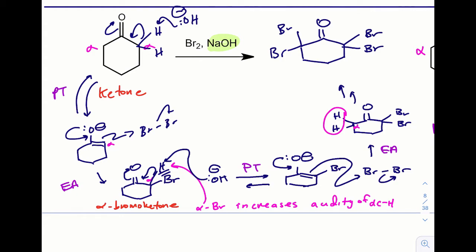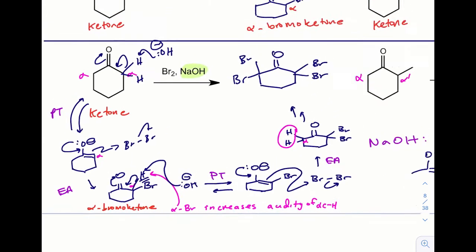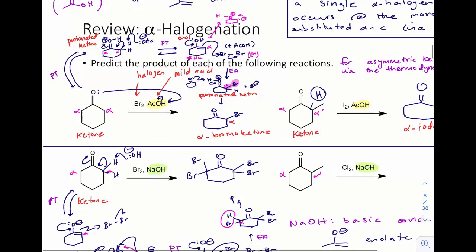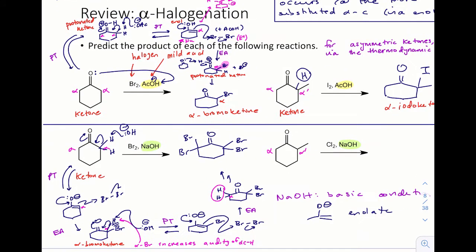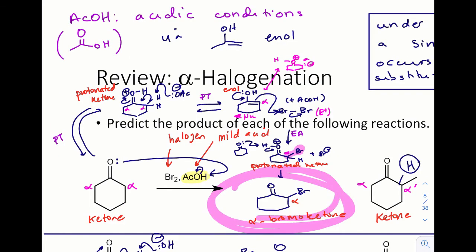Now you might say, oh, hold up, why didn't this happen under acidic conditions? Well, because under acidic conditions, instead of deprotonating first, like what happens under basic conditions, you protonate, okay? Once the product, the alpha bromoketone, has been made, if you think about brominating again, if you think about substituting for this hydrogen, you would need to protonate the carbonyl, right?